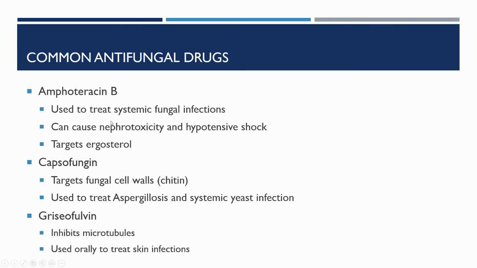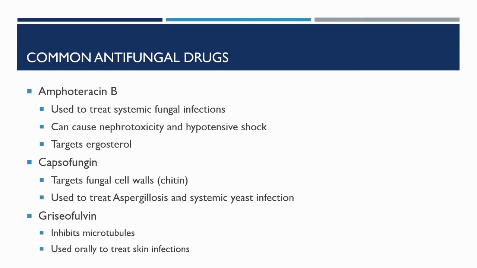We can treat systemic fungal infections, so these are internal. Amphotericin B, again, ergosterol. It's a good target for us. Caspofungin goes after that cell wall made of chitin, and this is used to treat aspergillosis. This is the most common cause of asthma, is aspergillosis.